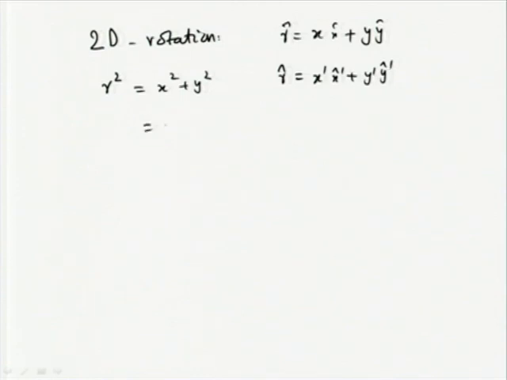So this is also equal to x prime square plus y prime square. This is the vector r, and I will denote this by r prime, it is also the same vector in any case.